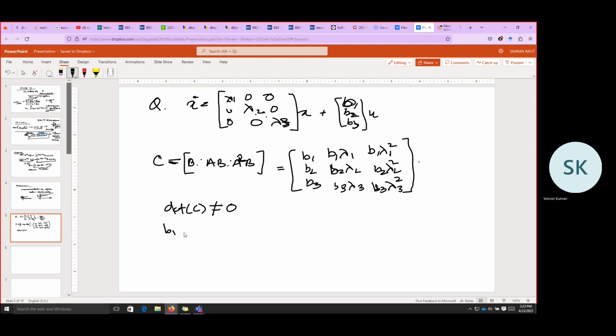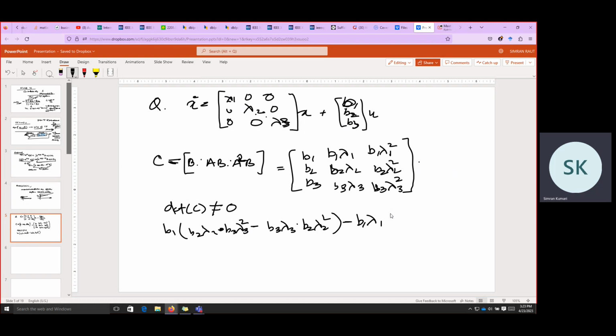This one will be B1, B2 lambda 2 minus into B3 lambda 3 square minus B3 lambda 3 into B2 lambda 2 square, minus B1 lambda 1, and then we have this B2 B3 lambda 3 square minus B3 B2 lambda 2 square.